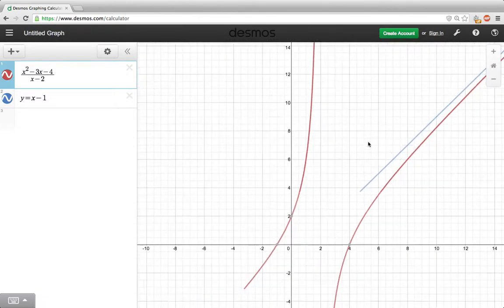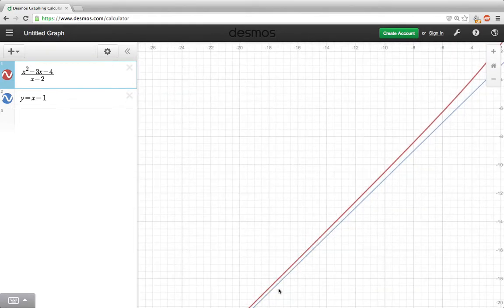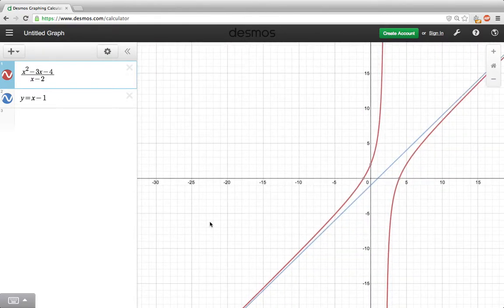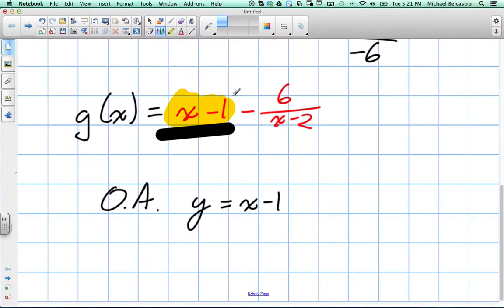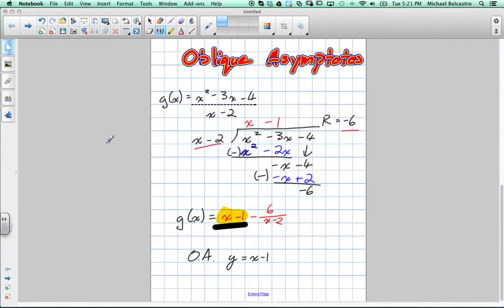And in the same idea, in the opposite direction, it gets closer and closer, but never really touches that value. So we carry out the division on our rational function, and the first part of our equation gives us what our oblique asymptote actually is. So let's go to an entire page here.